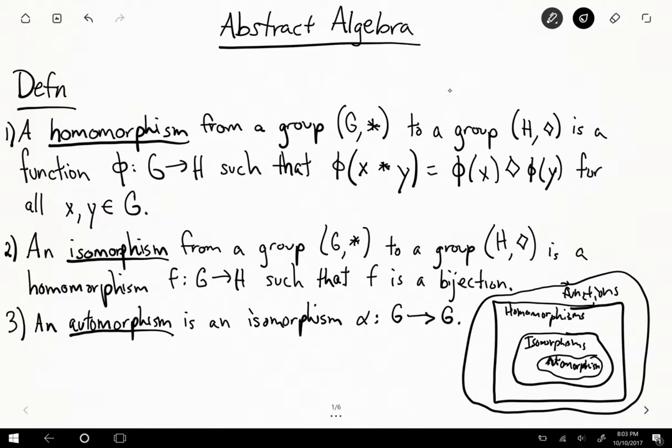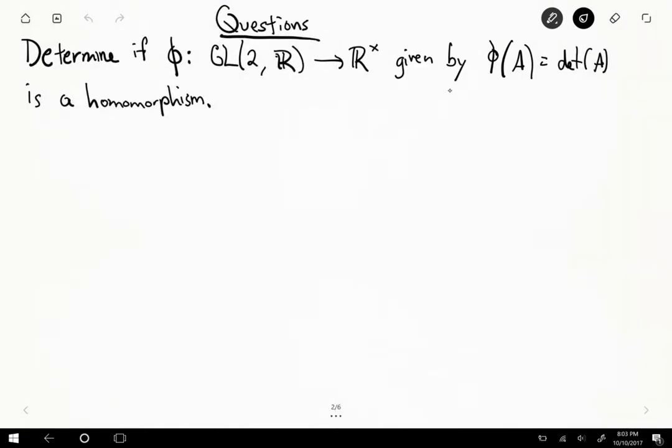So let's get started here with some questions. Determine if phi from basically our 2x2 matrices with non-zero determinant into the multiplicative group of real numbers, given by phi of A equals the determinant of A, is a homomorphism. If we want to determine if this is a homomorphism, what do we have to check?